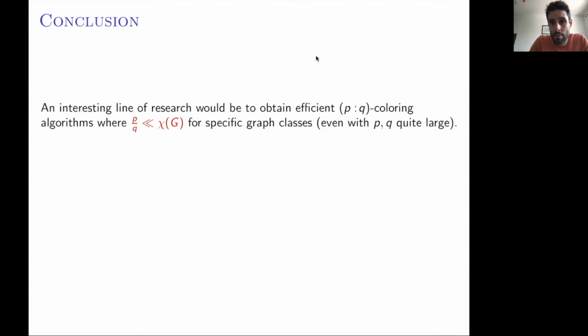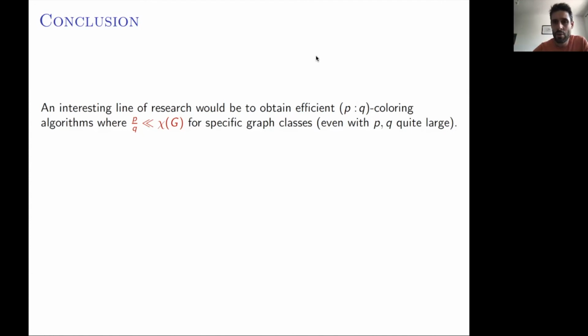So if chi is very large, say linear in N, and P over Q is a constant, this means that both P and Q would be linear in N. You can't avoid that. So sometimes you have to take P and Q quite large if you want to have this gain in the scheduling, but I don't think it's so bad.